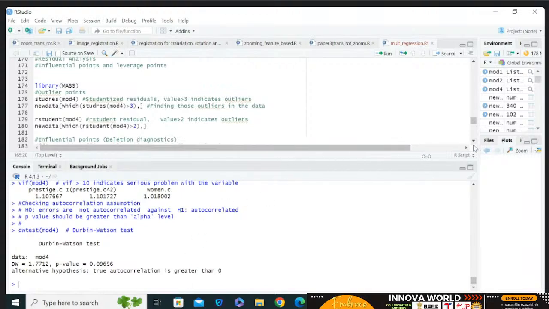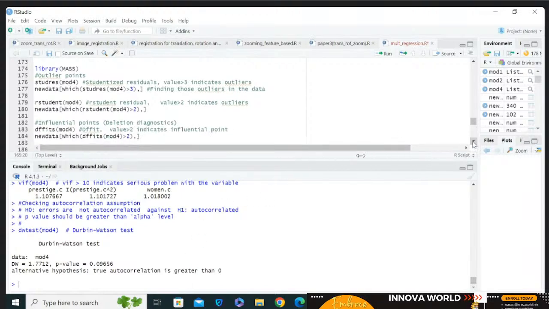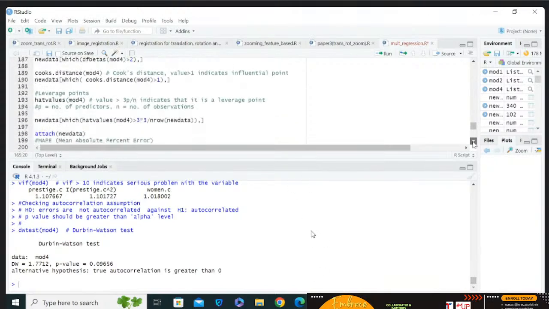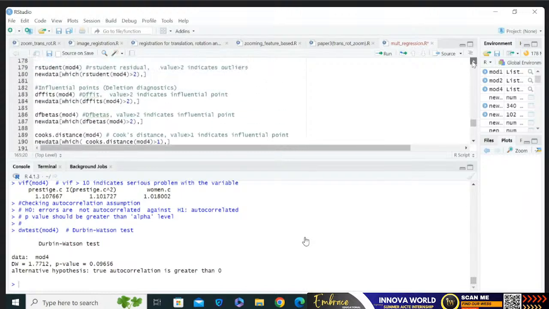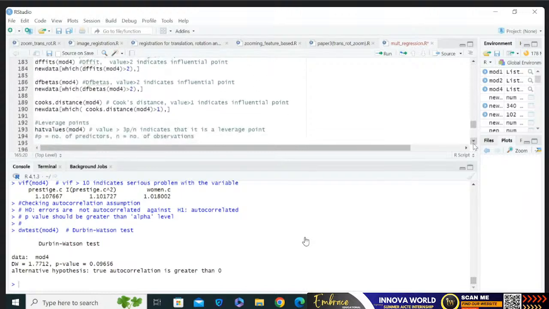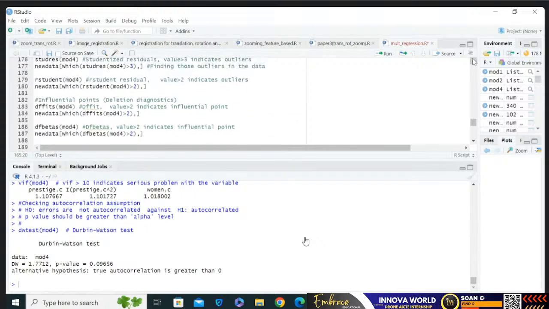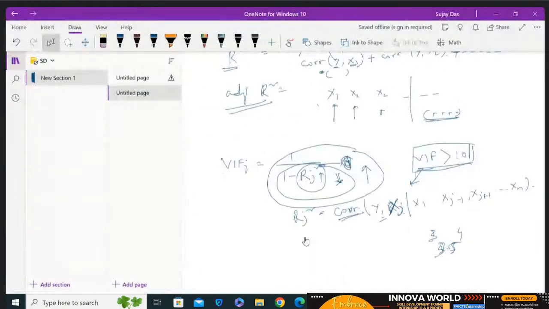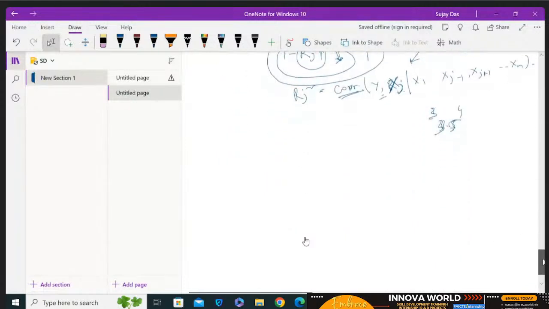And last but not the least, there are outliers. Outliers are very important. Now we are going to discuss outlier points and why outliers affect our data. Let's understand that first.